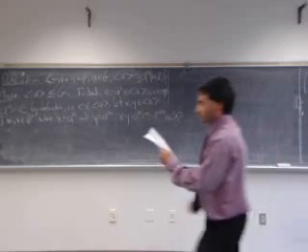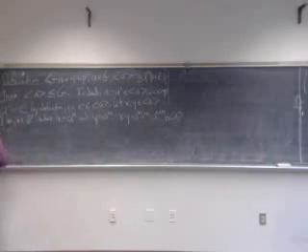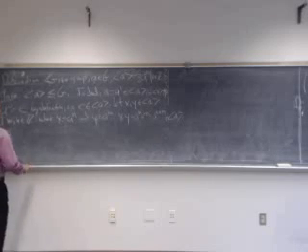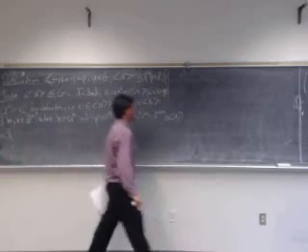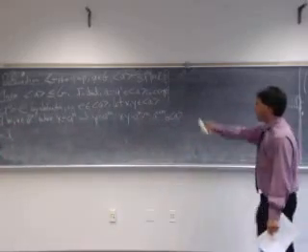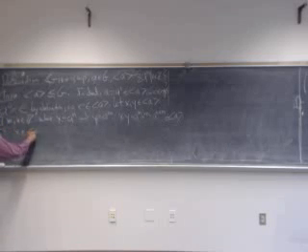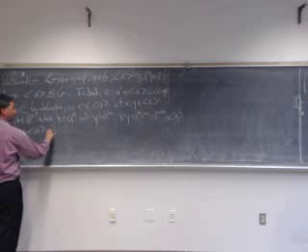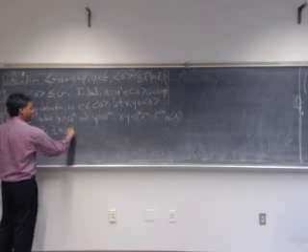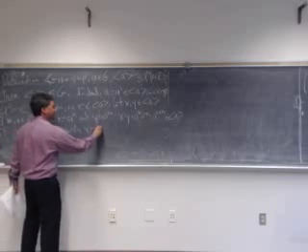What about inverses? If we take a typical x in the subgroup, as before, there exists an n with x equals a to the n.